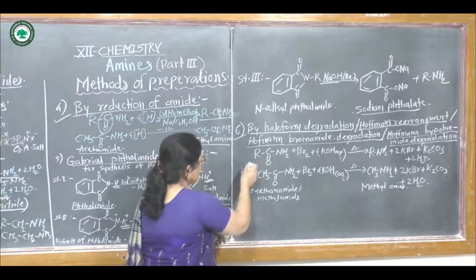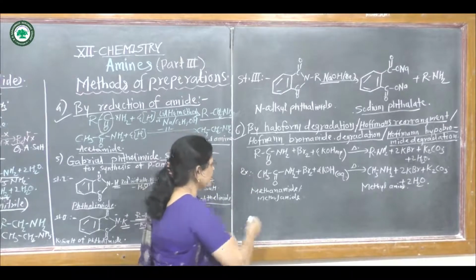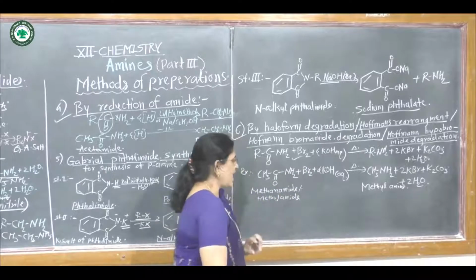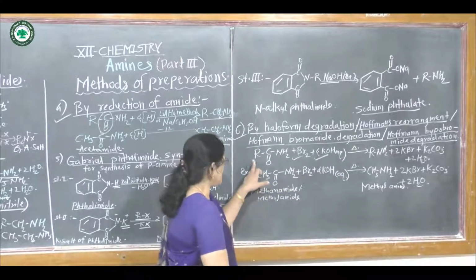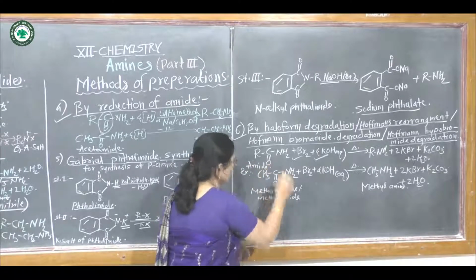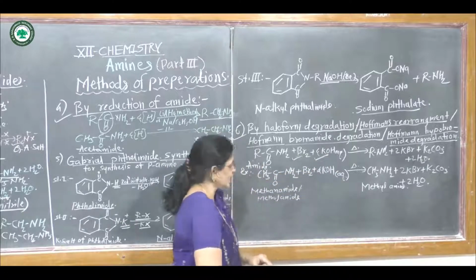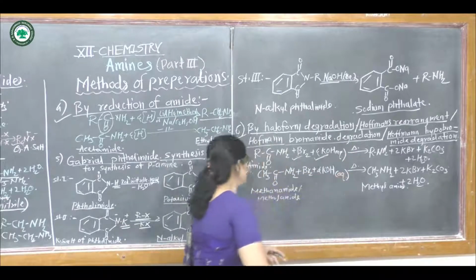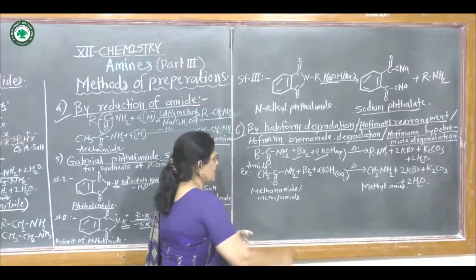In this reaction, an amide is reacted with bromine and aqueous potassium hydroxide. Then on heating, it gives a primary amine, that means R and NH2.